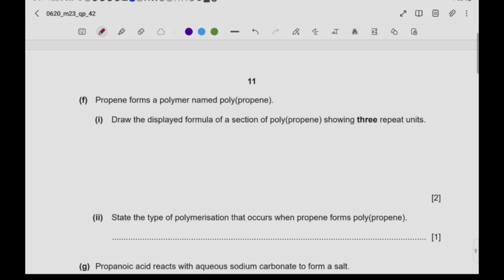Very simple. Propene, 1, 2, 3. You can put the double bond here or here, it doesn't matter, because when you put it here, I can also calculate this as 1. When you put it here, I can also calculate this as 1. So usually, whenever I'm done, I will try to fold them down.